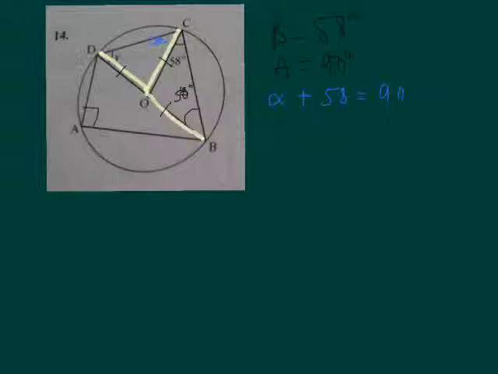And the reason for that is that angles in semicircle are 90 degrees. Okay, so alpha therefore has got to be 90 minus 58, which of course gives us 32.